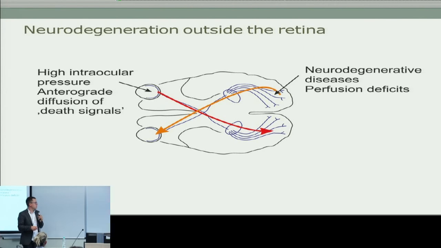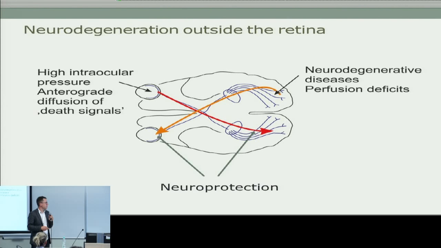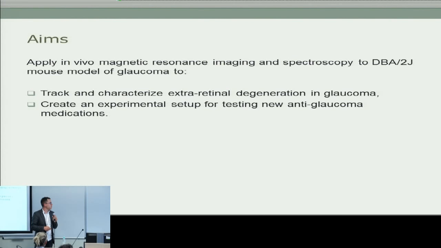And it is still not clear what's the meaning of this extraretinal degeneration in the pathogenesis of glaucoma, but it seems that it could be crucial for the future treatments to target this degeneration outside the retina, and also to monitor it when we think about future therapies.